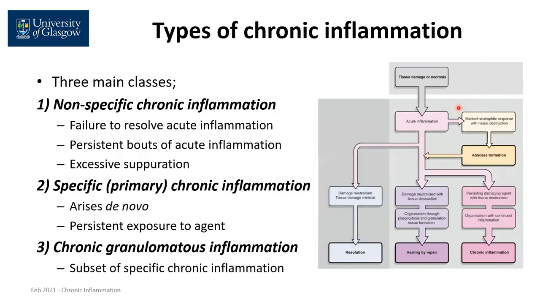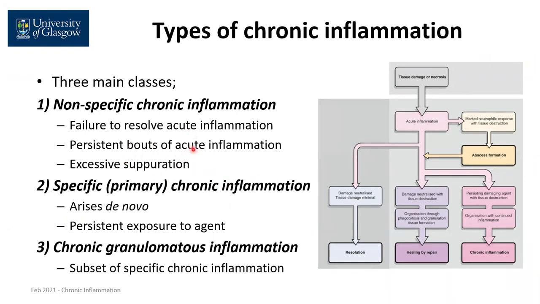So as I've said in the last slide, there's 3 types of chronic inflammation. So these can either be non-specific or specific. So the non-specific types of chronic inflammation are characterized by a failure of the immune system to resolve an acute inflammatory disease or an acute inflammatory response.